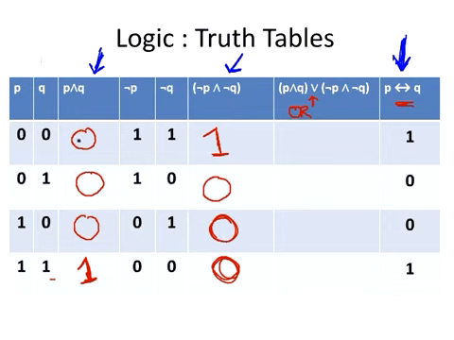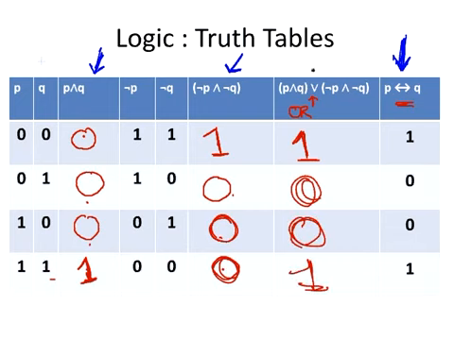Looking at the first row, we have a 0 here and a 1 here, so we have a 1. Then we have a 0 and a 0, so 0. Then 0 and 0, so 0. And a 0 and a 1 here, so we have 1. So this is our resultant truth table column.